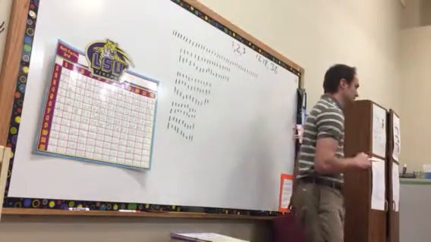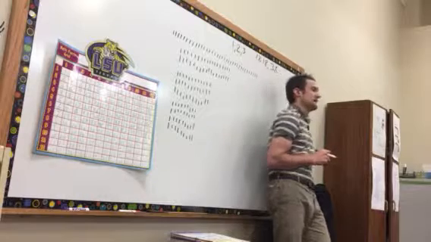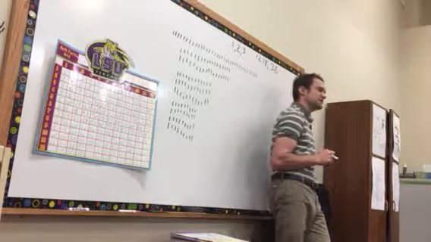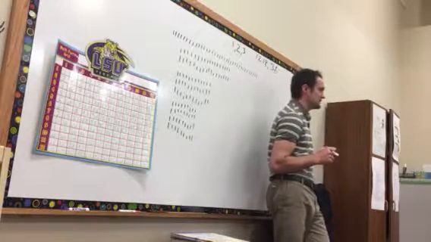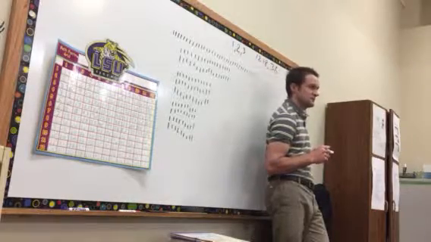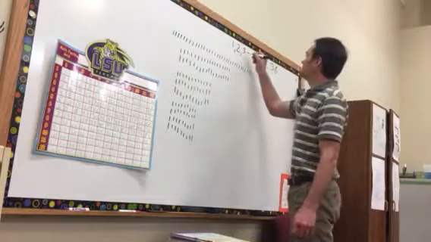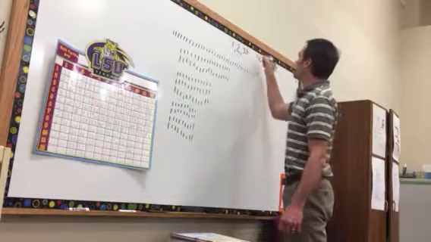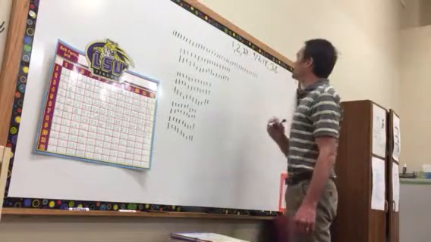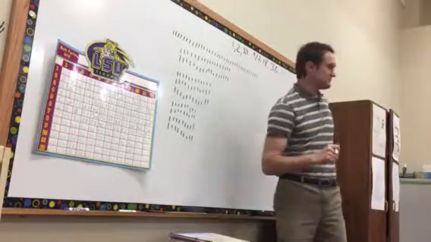Okay? And if I counted the number in each of my rows, I would find that I have 9. Okay? So, that means 4 and 9 are factors of 36.